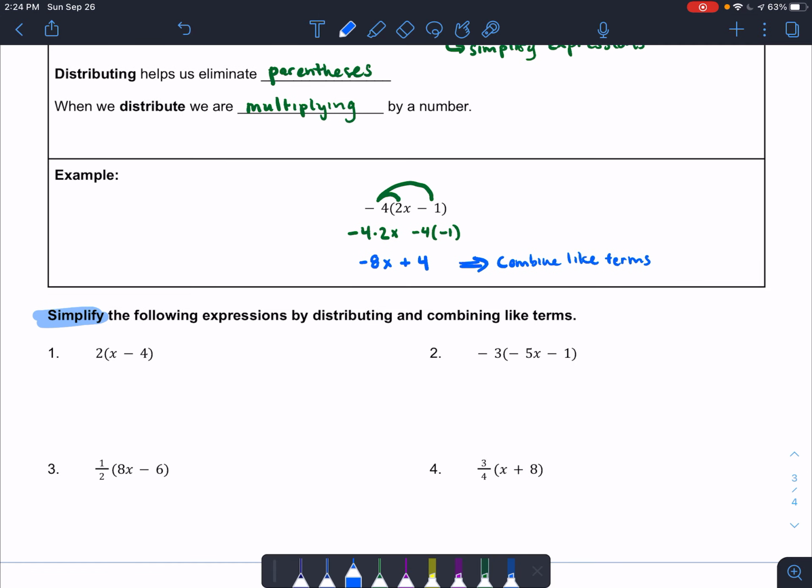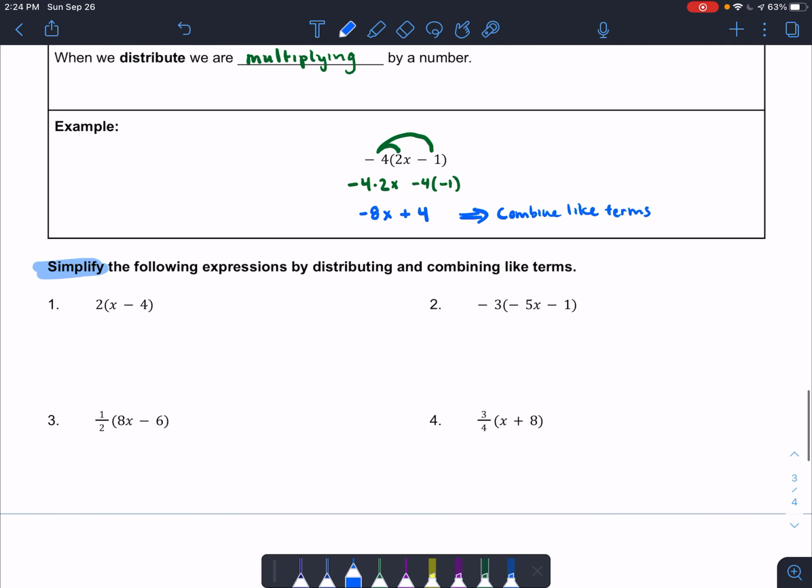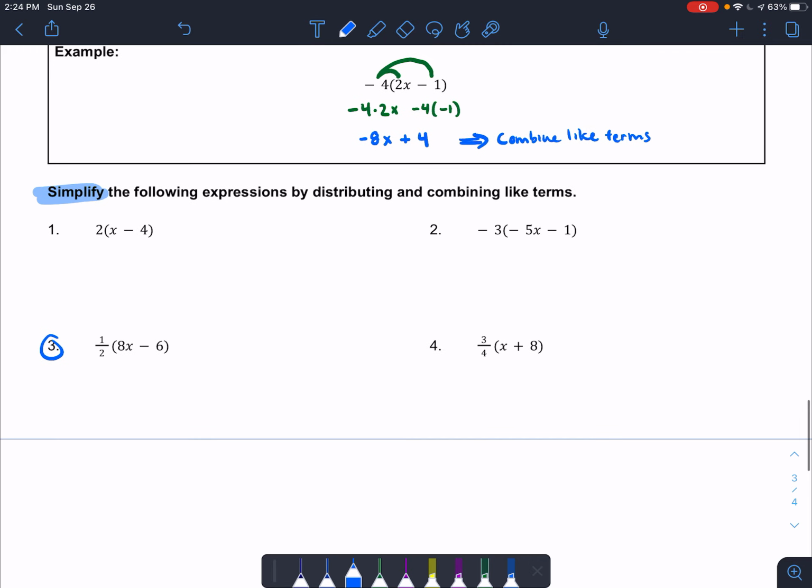I want to do one with a fraction. I'm going to save 2 for you because I want you to try one with a negative, but let's take a look at something like number 3. When I take a look at number 3, I notice that the number that's outside is a fraction. I still am going to draw my parentheses, my rainbows. But what I must do is distribute or multiply each thing inside the parentheses by the 1/2.